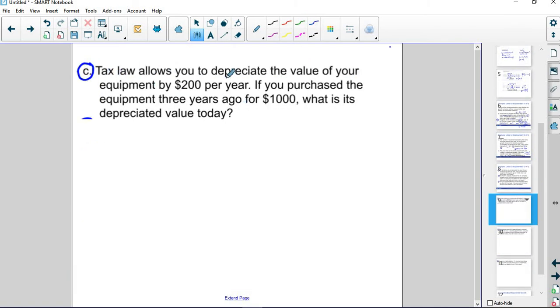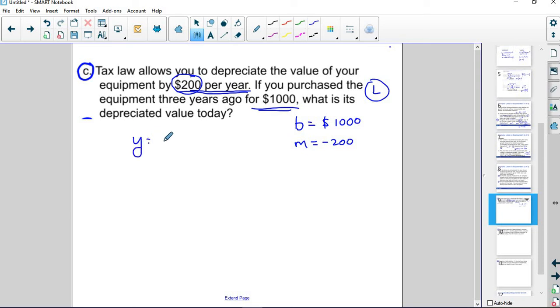Okay, so tax law allows you to depreciate the value of your equipment by $200 per year. You purchased the equipment 3 years ago for $1,000. What's the value today? $200 per year. That's a fixed amount, so that's linear, but you're subtracting, right? So B is your starting value. That's 1,000, but you're supposed to be subtracting value from it, so the M is negative 200.